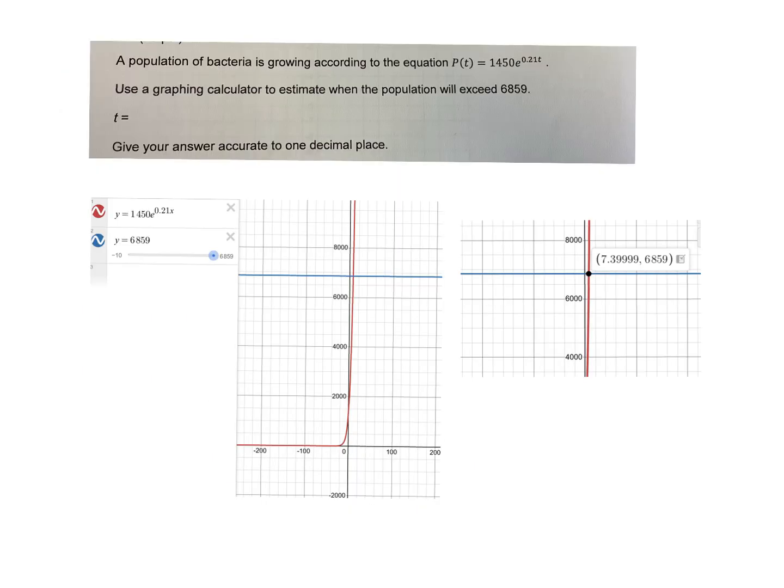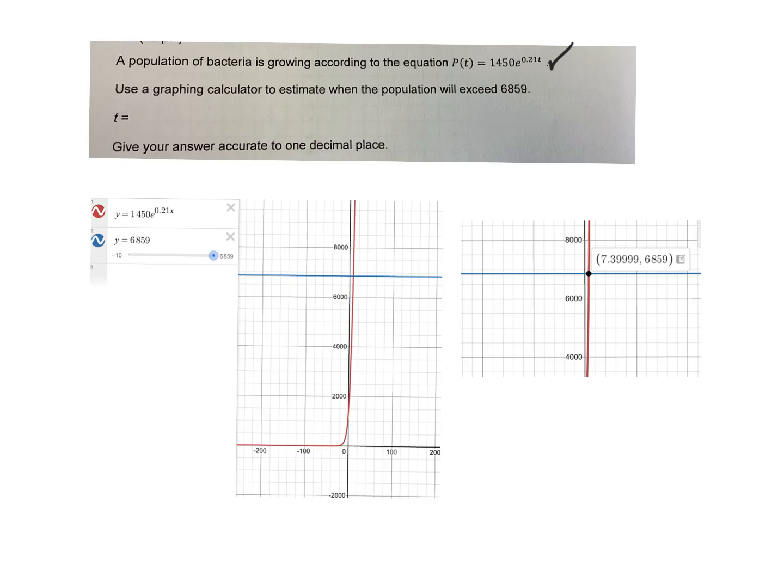The next one wants us to use our graphing calculator. So what I've done here is this red equation is what they gave you. That's this equation right here, 1,450 E to the 0.21x. So that's the red that you can see. It's exponential. And then the blue is 6859.